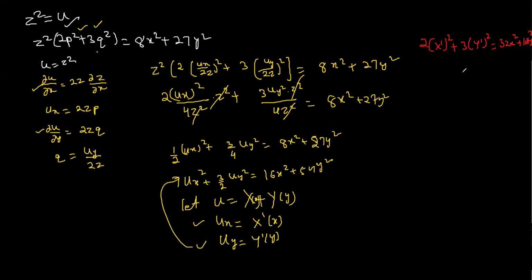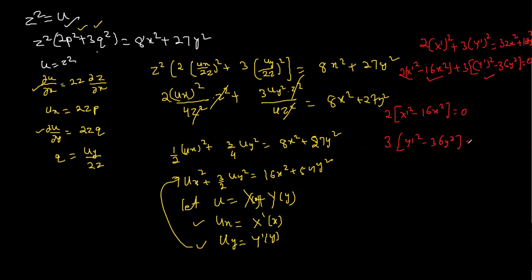So 2X dash whole square minus 32x square plus 3Y dash whole square minus 108y square is equal to 0. So you can use the separate method. This part and this part will be 0. Directly you can write X dash whole square minus 16x square is equal to 0 and 3Y dash square minus 36y square is equal to 0.